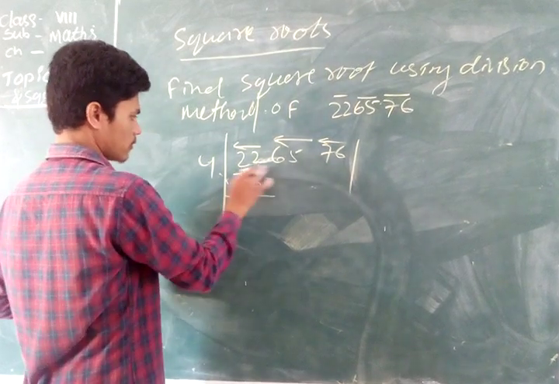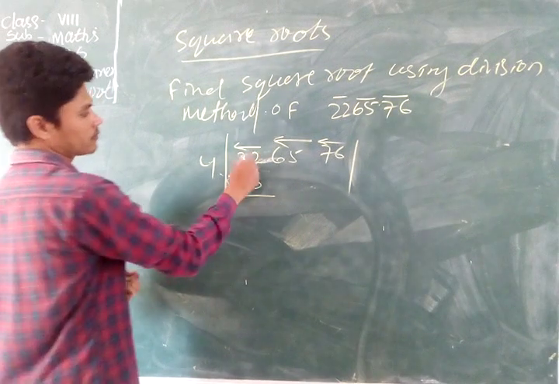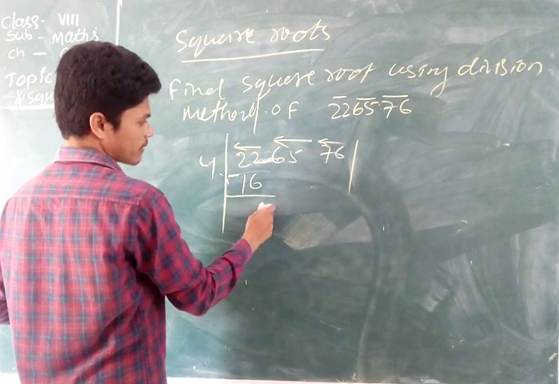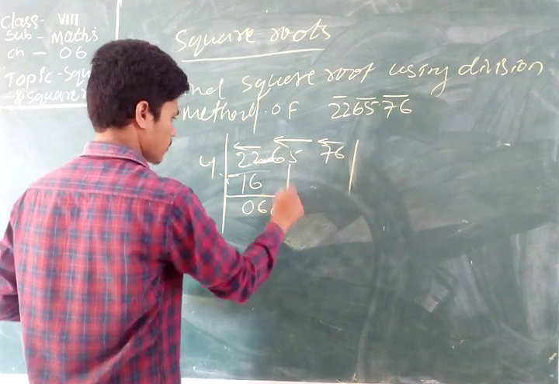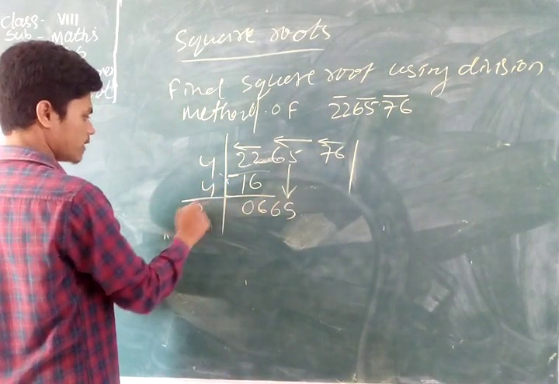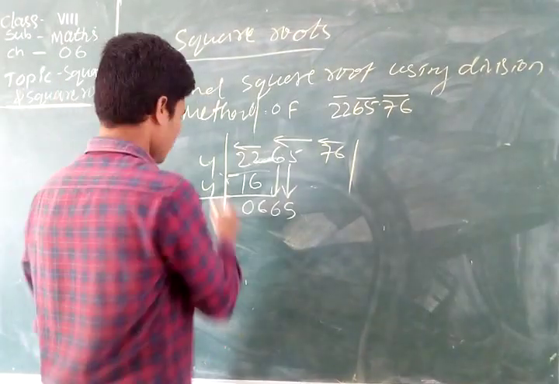4 times 4 is 16. Here 22 minus 16 is 6. Then bring down 65, so we get 665.